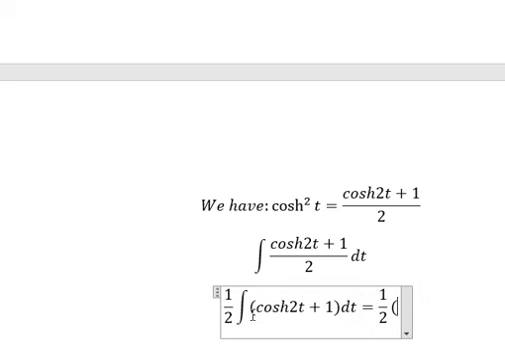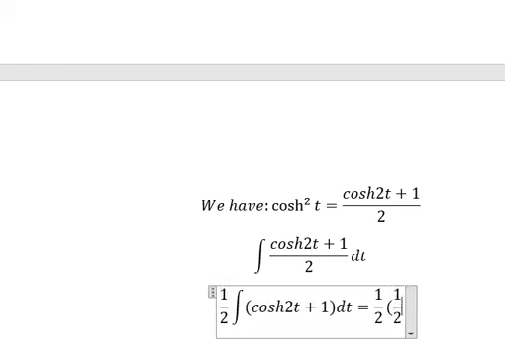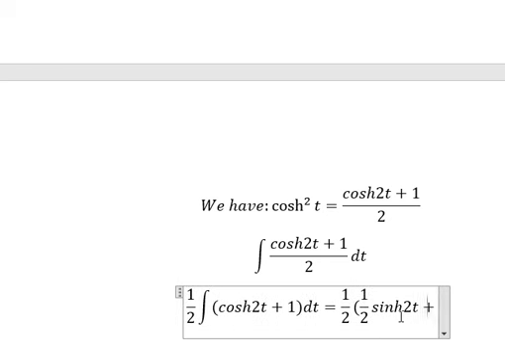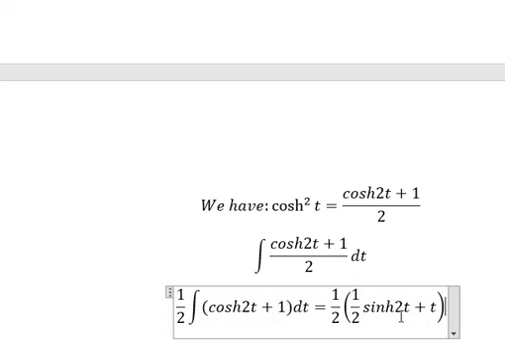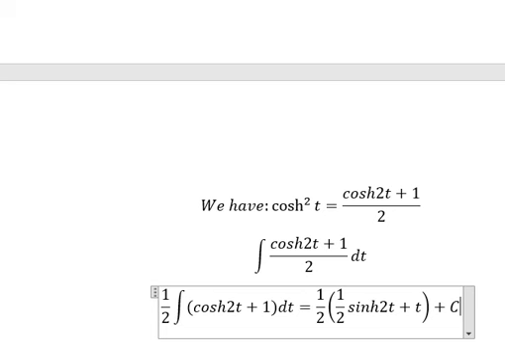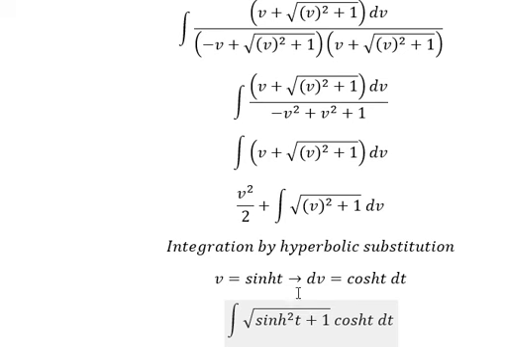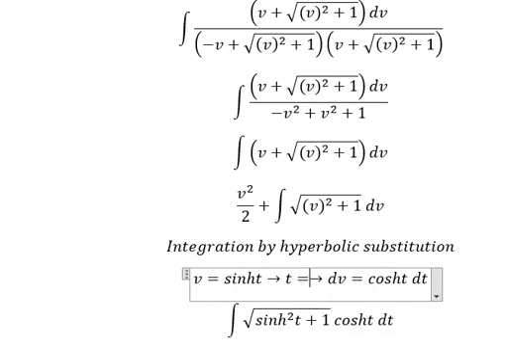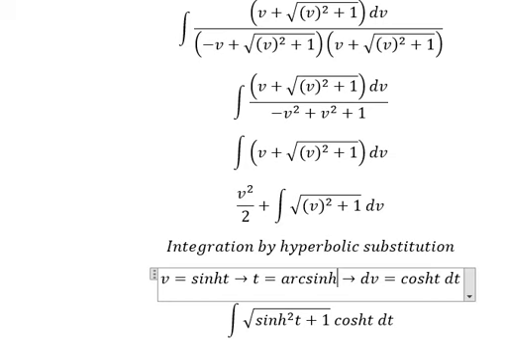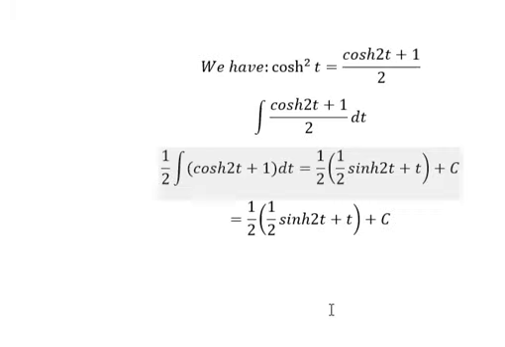The integration of this one, we have 1 over 2 sinh 2t. Number 1, that is about t, and I will put c. About t, that is about this one. So we have t equals arcsinh of v. So I will put this one to change for t.